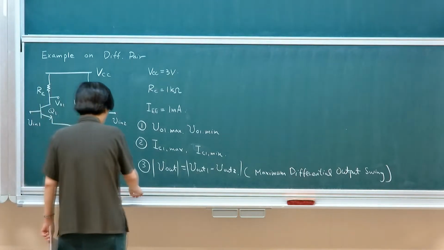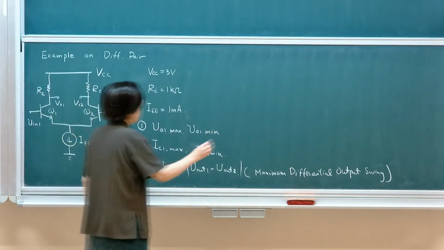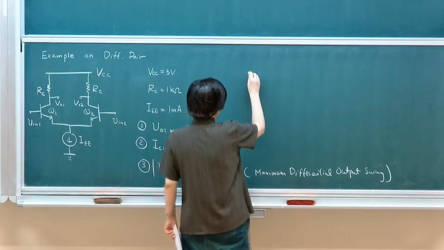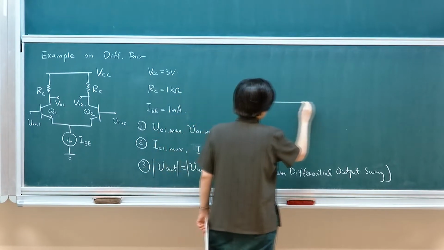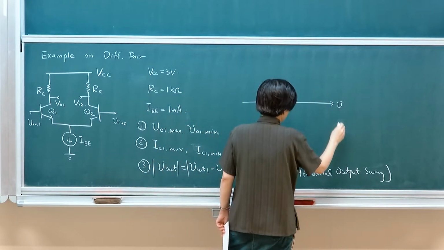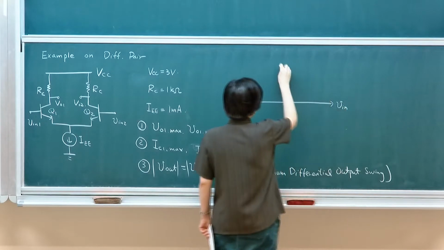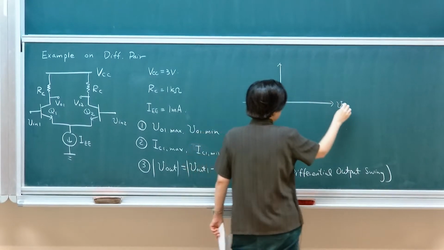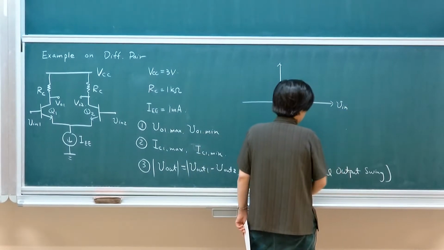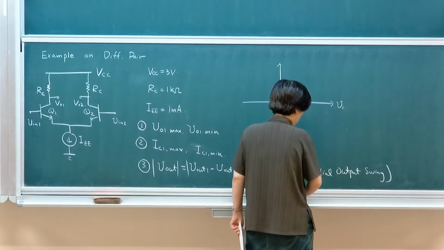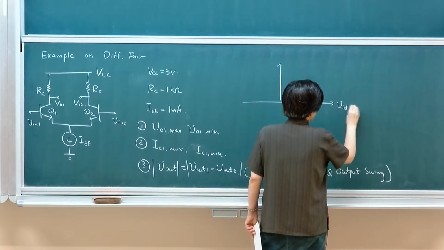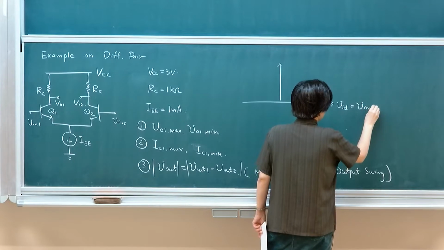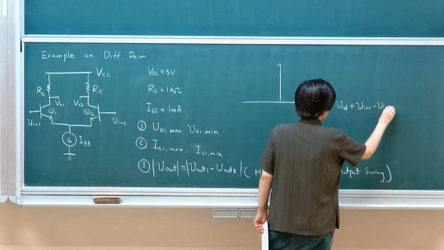Remember we have already done the exercise to plot this. You should be able to plot VID, defined as Vin1 minus Vin2.